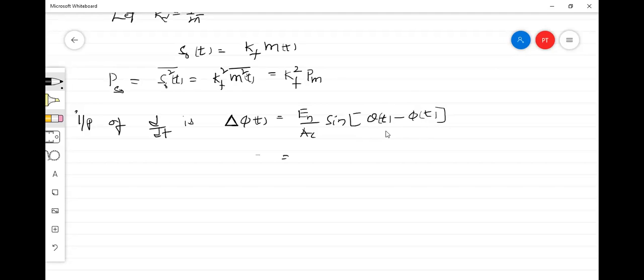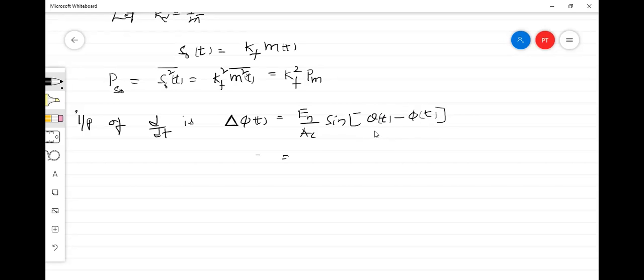We know the noise is very random and high frequency, so the angle variations due to the noise are very large compared to the angle variations due to the message signal.